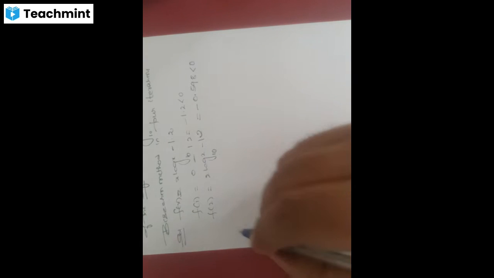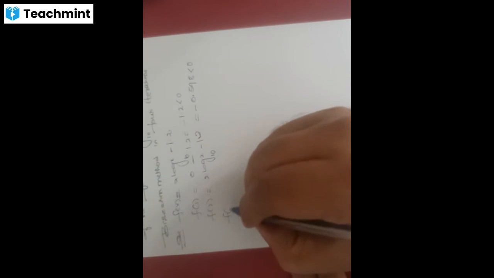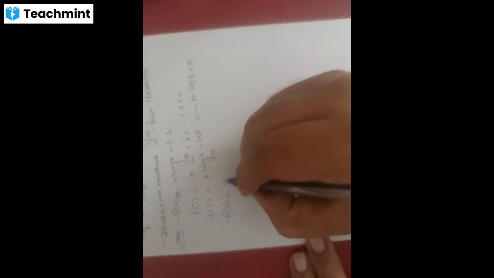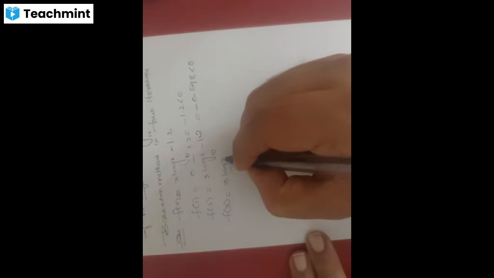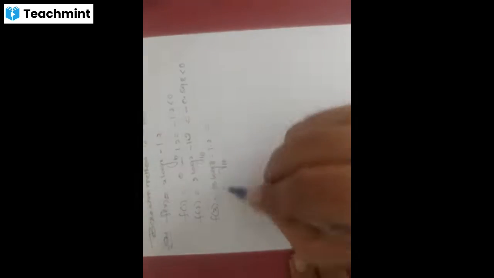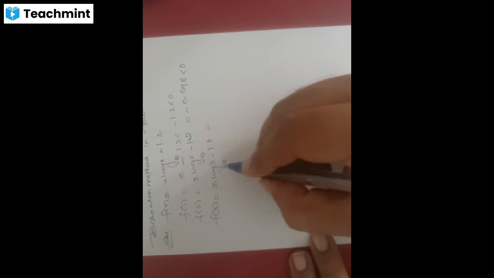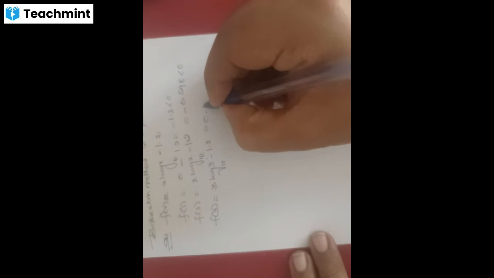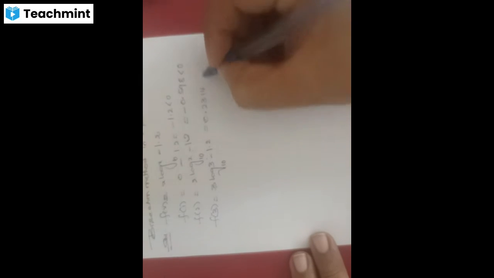Okay, so next you find f of 3. f of 3 is 3 log 3 base 10 minus 1.2. Again you can simplify, which is equal to 0.2314, which is positive.